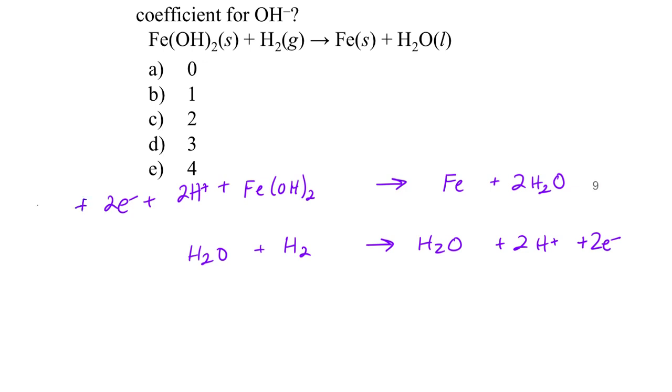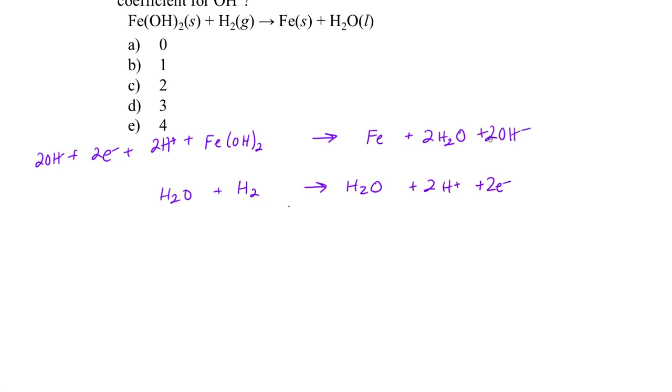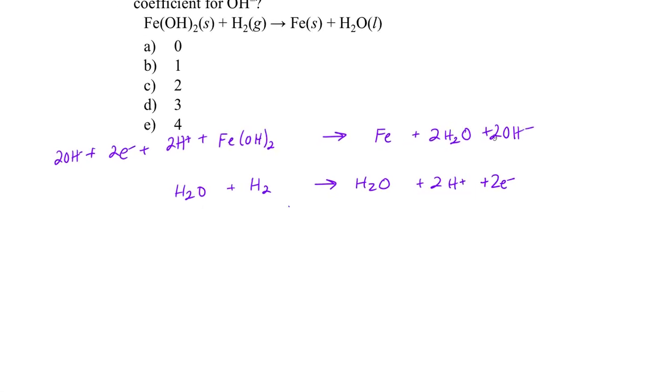And so we can add 2 OH minus to the reactant side and 2 OH minus to the product side. Same thing is going to happen just coincidentally with the second half reaction. We have 2 H plus on the product side, so we can add 2 OH minus there and 2 OH minus to the reactant side.